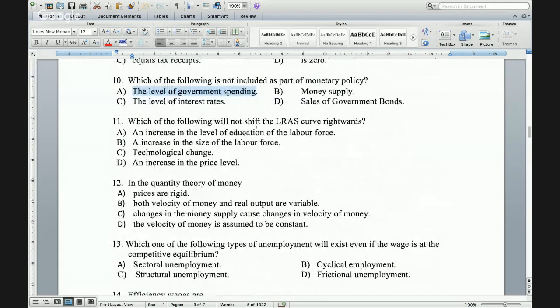Which will not shift the long run aggregate supply curve rightwards? A rightward shift means GDP is growing, if you remember the x-axis on that diagram. So the economy will grow.